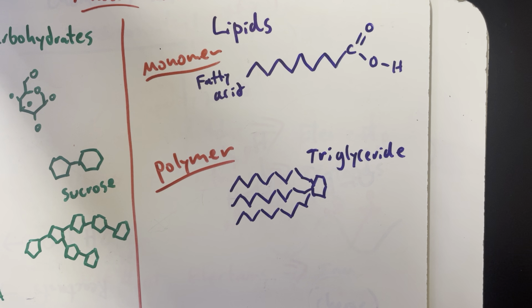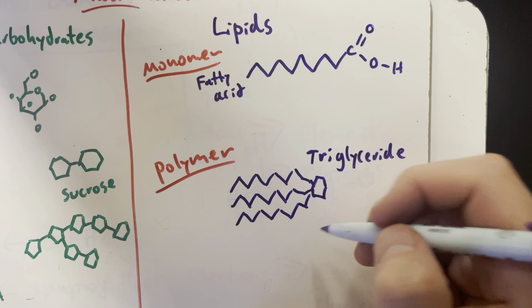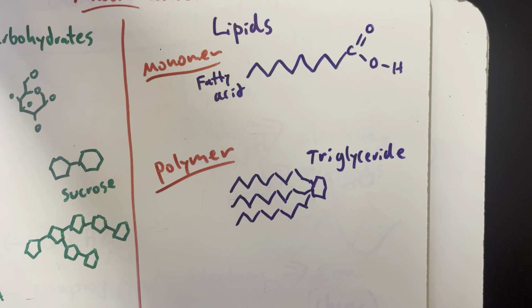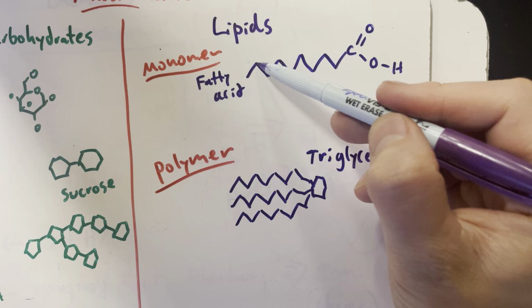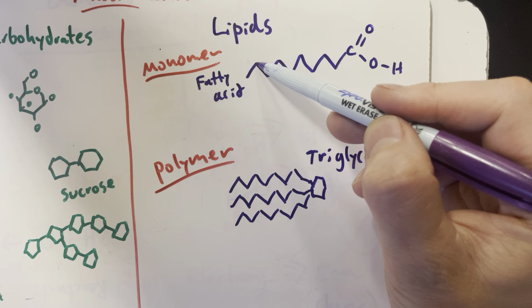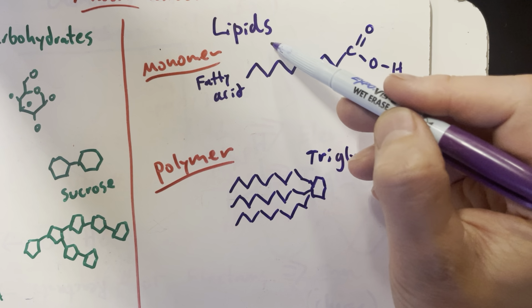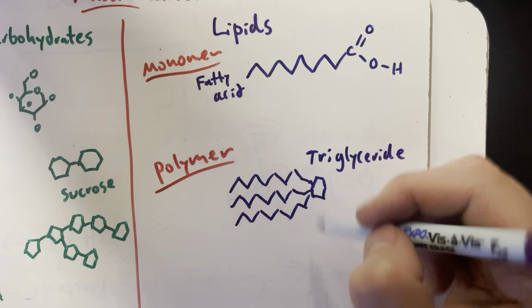All right, so what's the unhealthy type of fat? Saturated fat, yeah. What the word saturated means is that this hydrocarbon chain is saturated with hydrogen. So every single carbon has another carbon at one end, and then the rest is just hydrogen. So it makes this actually regular pattern.